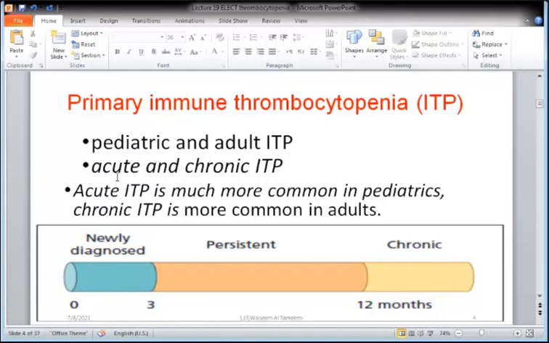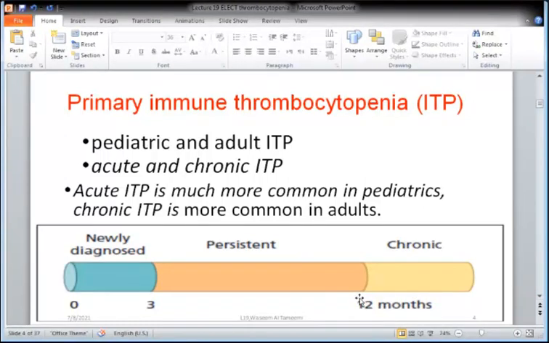While acute ITP is distinguished into two phases, either newly diagnosed acute ITP, which is less than 3 months duration, where the disease may remit spontaneously and is self-limiting, or persistent acute ITP, where the duration extends from 3 months up to 12 months.